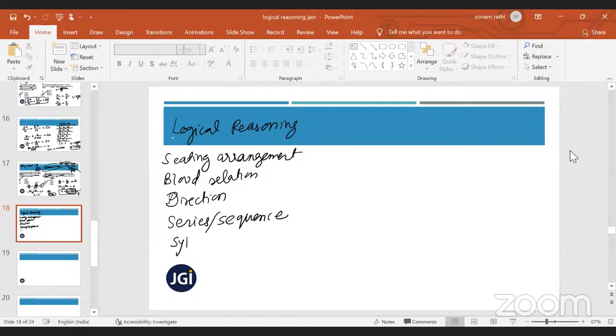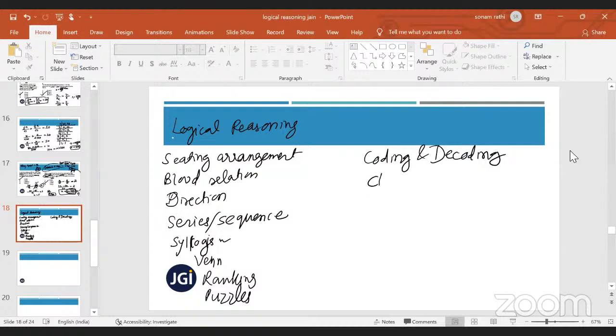Syllogism, Venn diagram, ranking, puzzles, coding and decoding, clocks and calendar. We have done sitting arrangement, blood relation, direction, series and sequence, coding and decoding, and calendars. So this many topics are done.